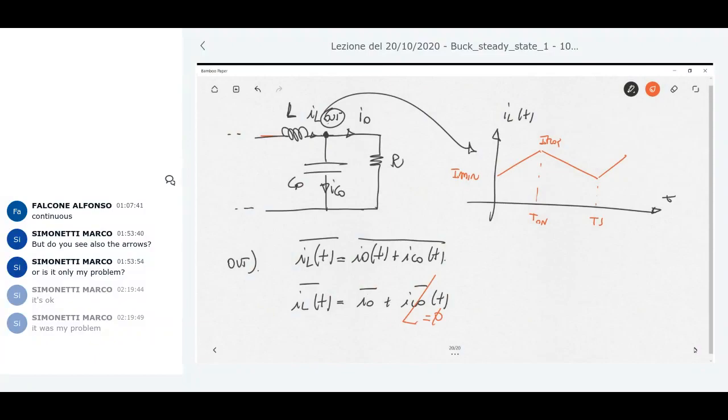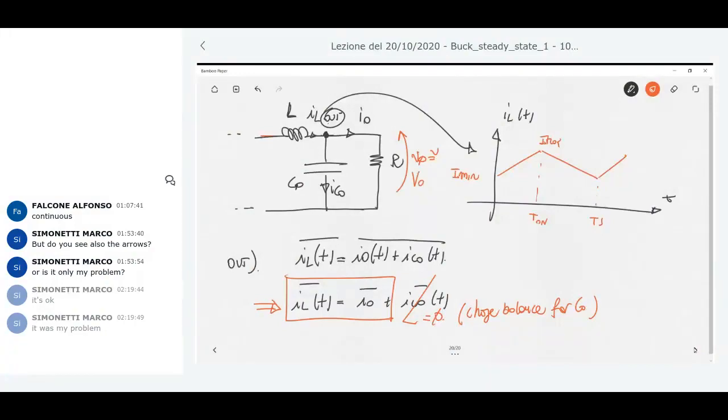This is the charge balance for C naught. So the average value of the inductor current is the average value of the output current. Which is the average value of the output current? It is a constant current because V naught, for the small ripple approximation, is a DC quantity.